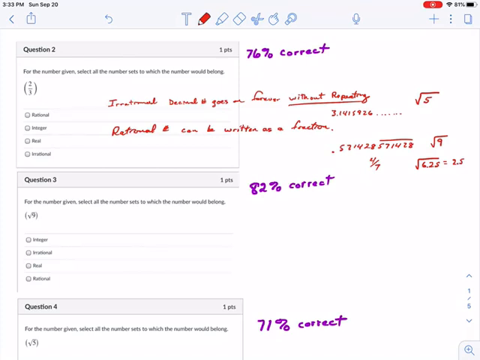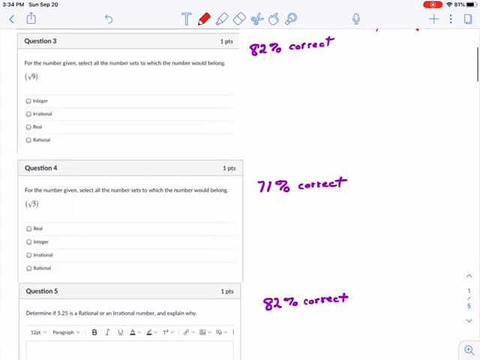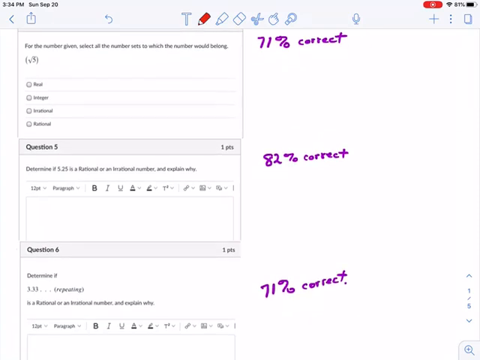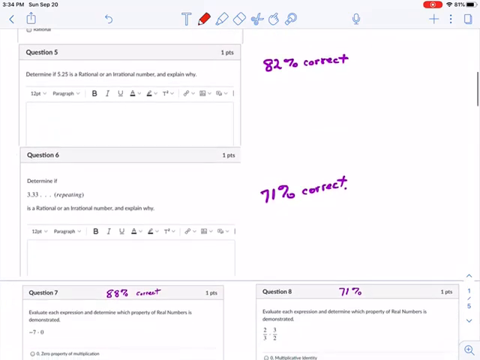So you have to sometimes do a little bit of math to tell if it's rational or irrational. Rational numbers can be written as a fraction. Irrational numbers are decimal numbers that go on forever without repeating. So that should help you with questions 2, 3, 4, 5, and 6.